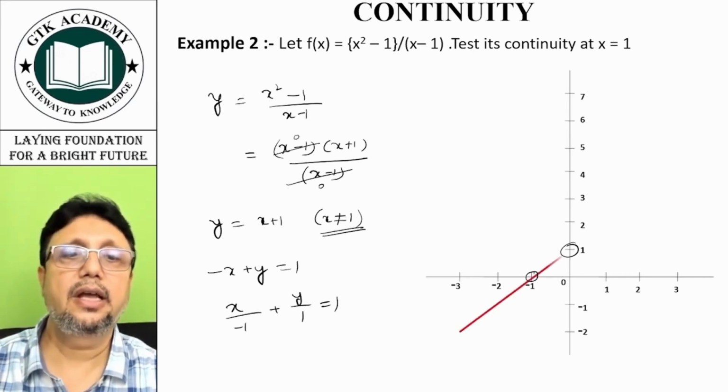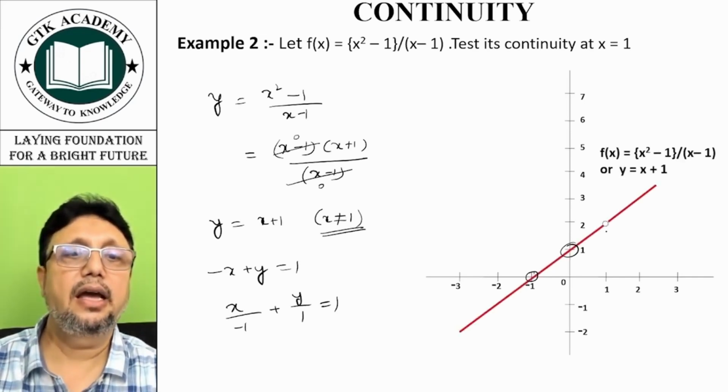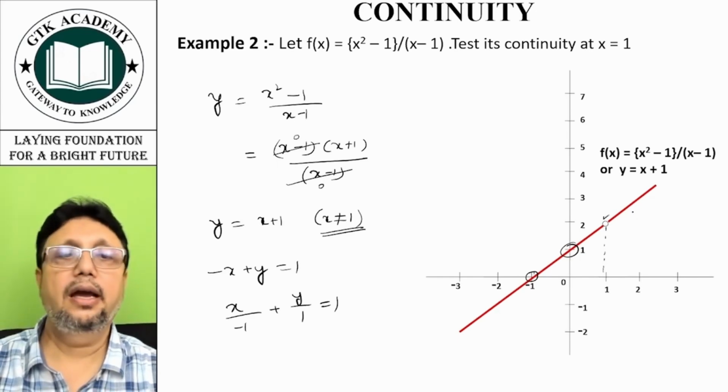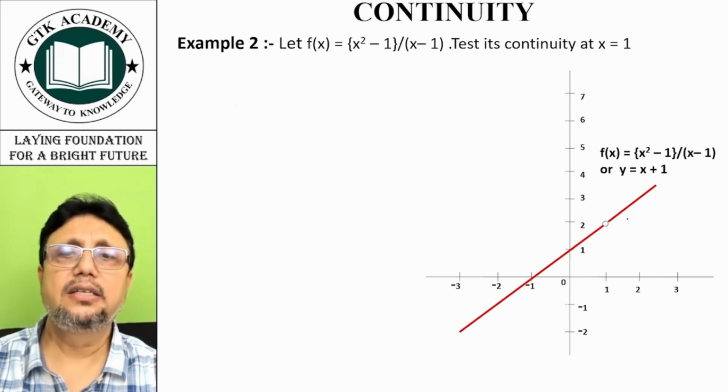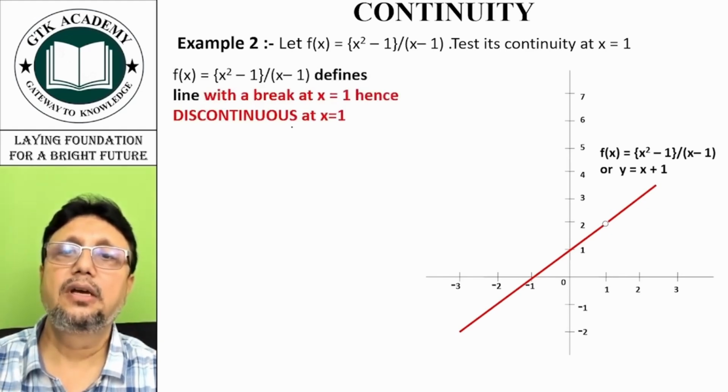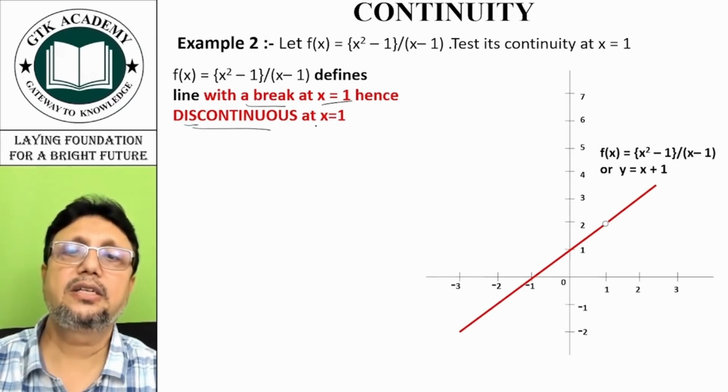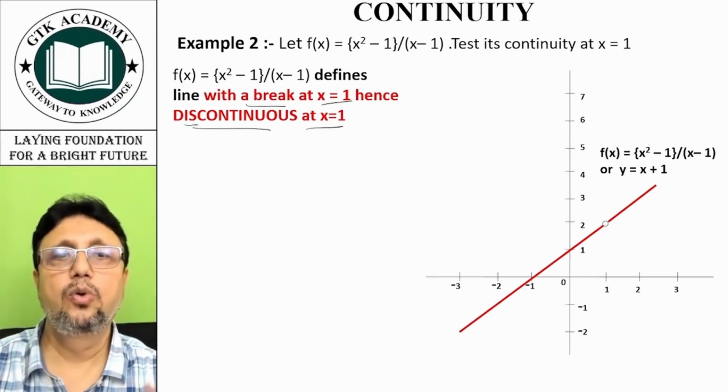So this line will come like this and have a gap at x is equal to 1 and then proceed from there. So you can see that there is a gap here at x is equal to 1. That means f(x) defines a line with a break at x is equal to 1, hence discontinuous at x is equal to 1.